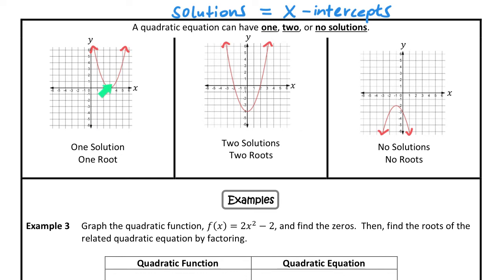So if I look at these 3 graphs, let's look at the first one. How many x-intercepts does this graph have? 1. How many x-intercepts does the second graph have? 2. How many x-intercepts does the third graph have? So if I look at the x-axis, did the third graph even make contact with the x-axis?